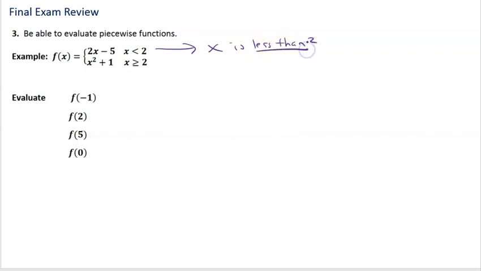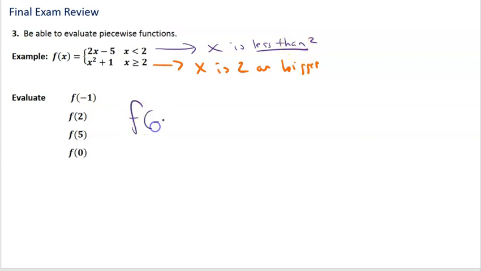That's exactly what it says, but I'm writing it down so it can be very clear. On the other hand, I use the bottom equation when x is 2 or bigger, greater than or equal to 2. Okay? Well, negative 1 is less than 2.